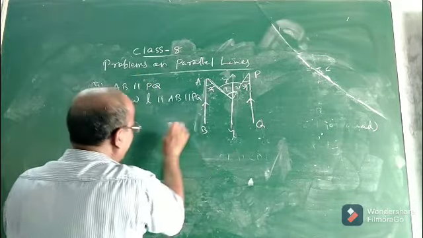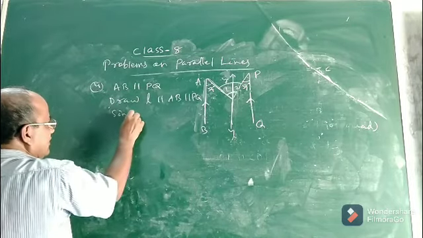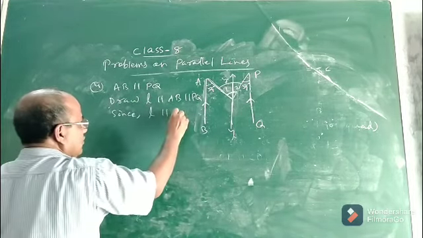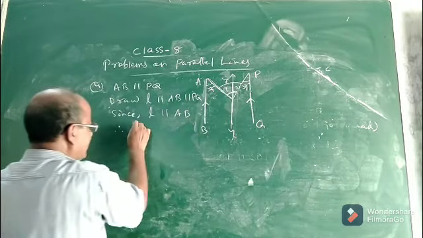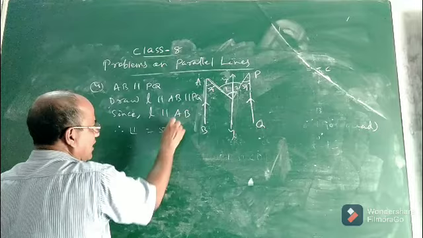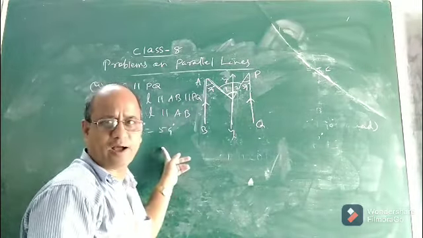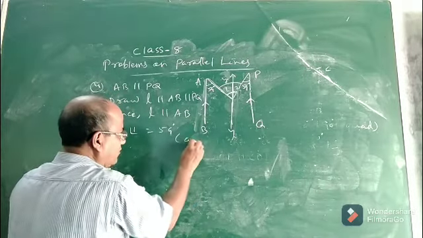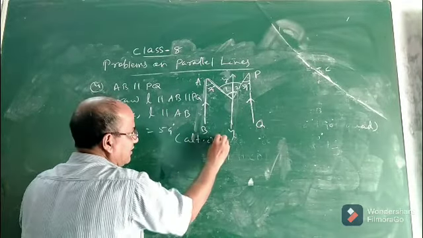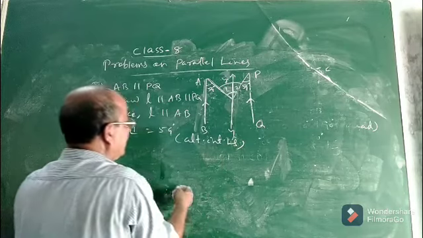Now since L is parallel to AB, angle 1 and 59 degrees must be equal. Angle 1 will be equal to 59 degrees. Why? Because they form a pair of alternate interior angles. So write down the reason: alternate interior angles.